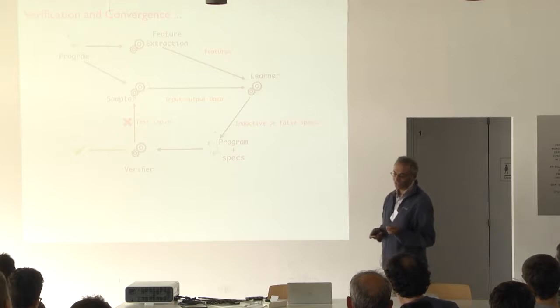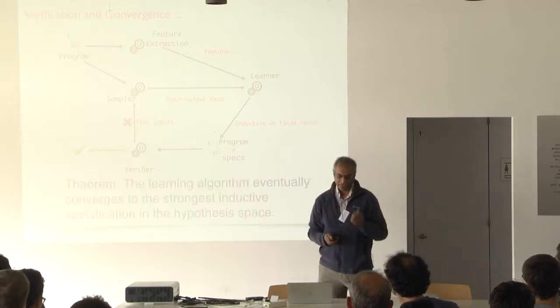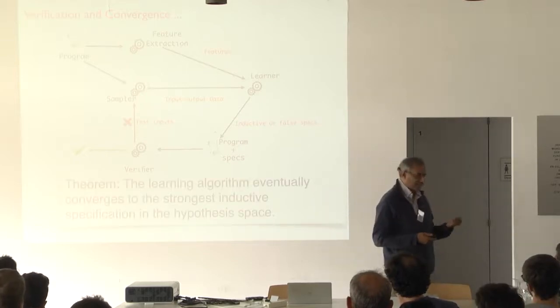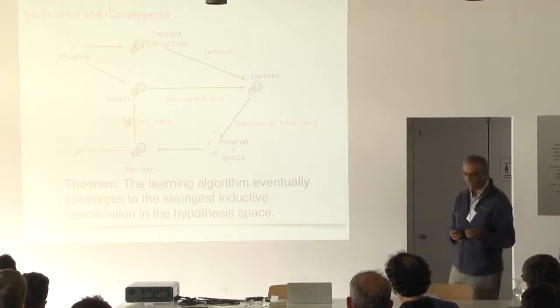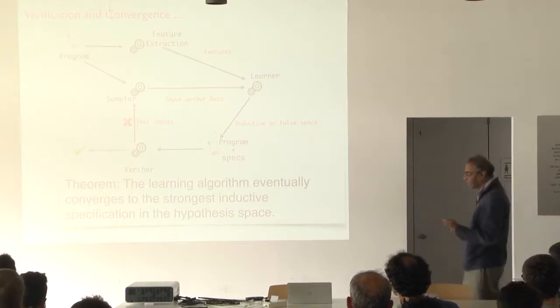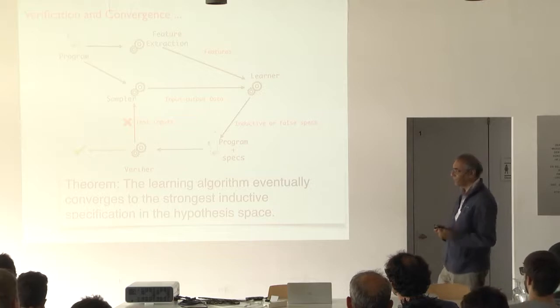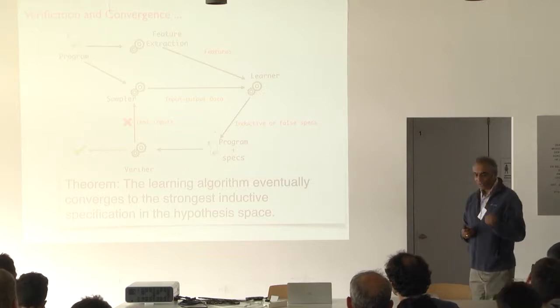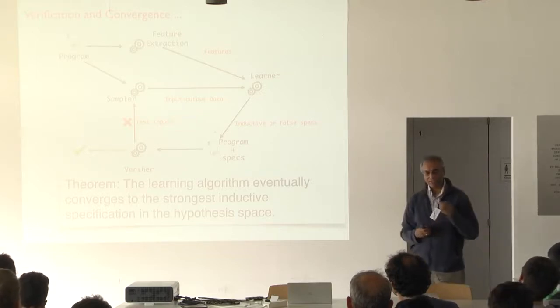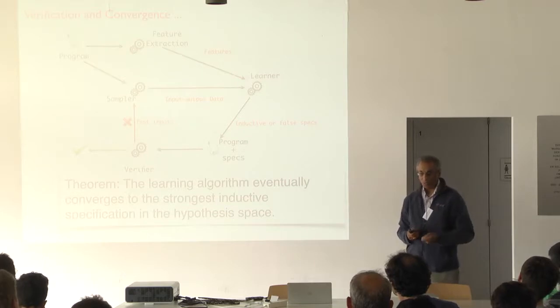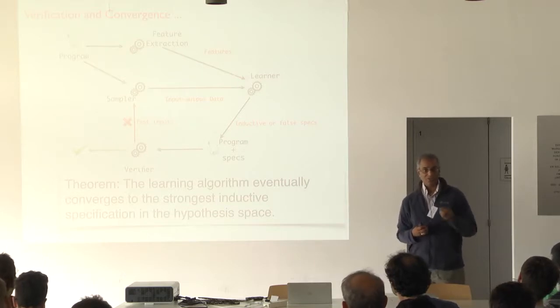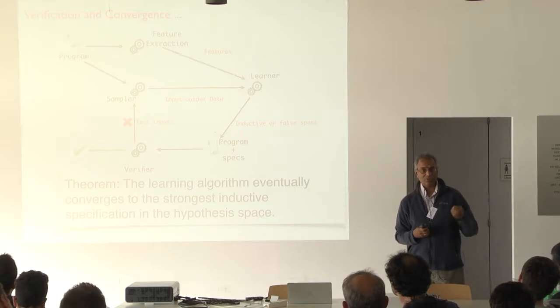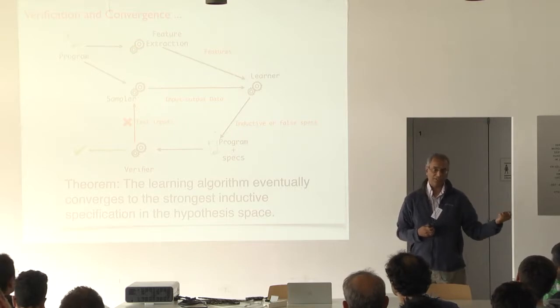So one might ask, what kinds of claims can we actually make here? The most interesting claim that we can make, which I think is a very powerful one, is that we can prove that the algorithm that we've got will in fact always produce the strongest inductive invariant for the feature space that we've actually generated.